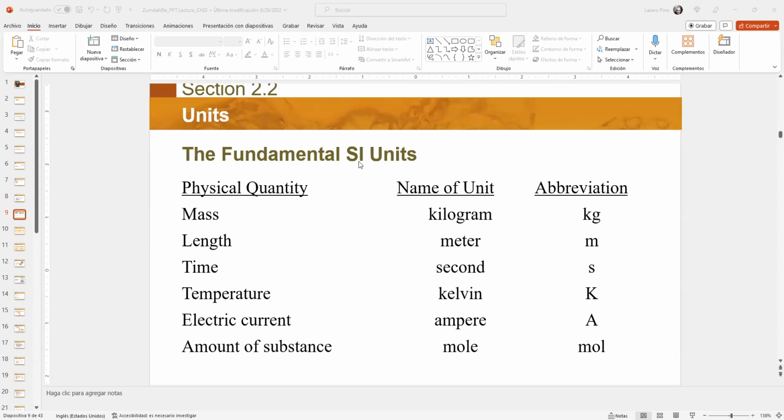In the international system, the units, the physical quantities are mass expressed in kilograms, length in meter, time in second, temperature in Kelvin, electric current in ampere and amount of substance in mole. Mole is very important in chemistry, and we are going to use it in other chapters.